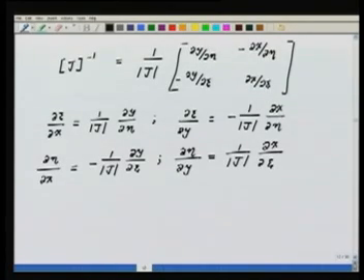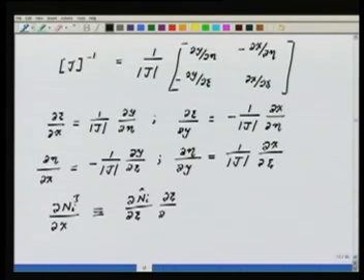Why do I need it? Because I need to obtain, if you remember, these quantities, which is equivalent to del u hat del psi times del psi del x plus del u hat del eta times del eta del x.